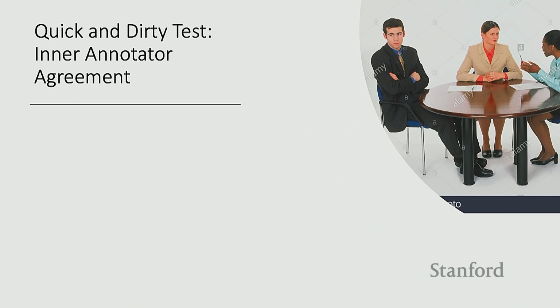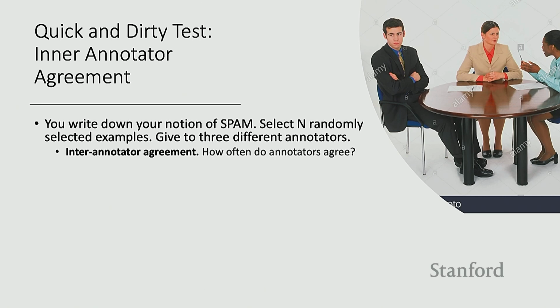For example, one of the quick and dirty tests here is whether your definition of spam can pass the so-called inter-annotator agreement. Basically, you write down some definition, and then you get some randomly selected examples of emails, and you ask 3 annotators to see whether they can agree on which email is a spam or not, according to the definition you give them.